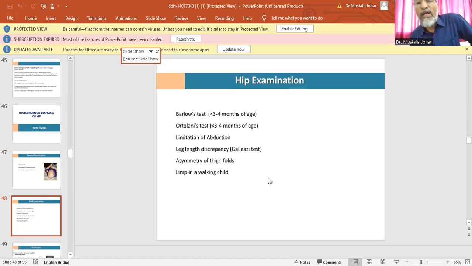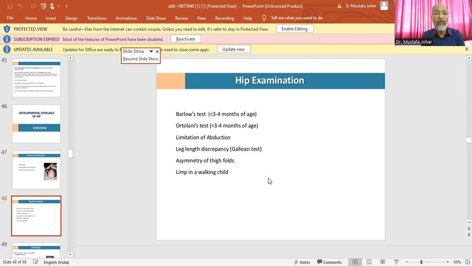Then you have to do an examination of the hip joint, and the tests which are done are Barlow's test and Ortolani's test. Then you have limitation of abduction. Then you have leg length discrepancy, that is the Galeazzi sign or the Ellis sign, as we discussed earlier.